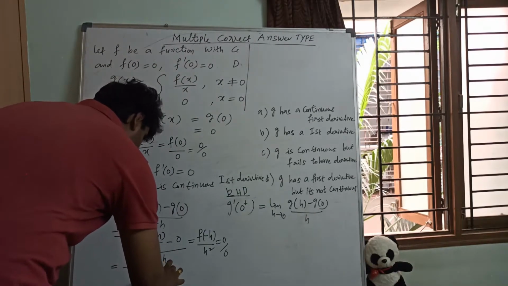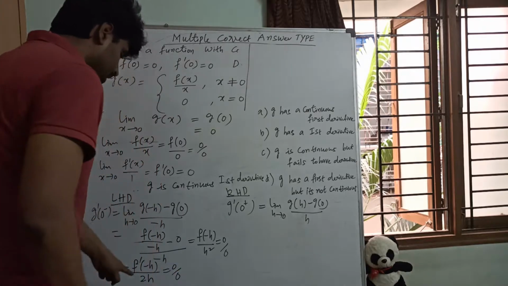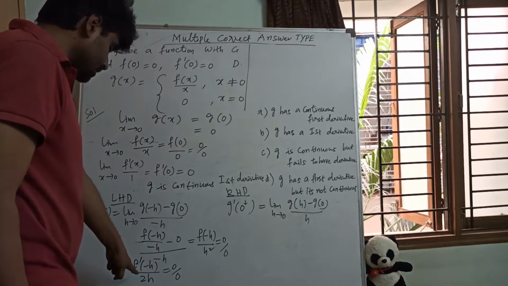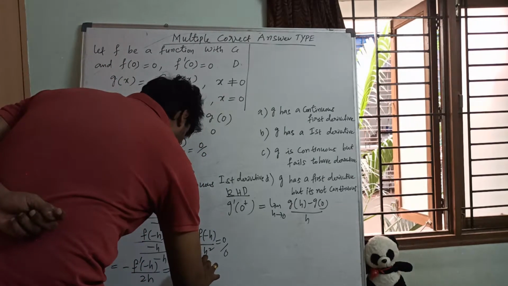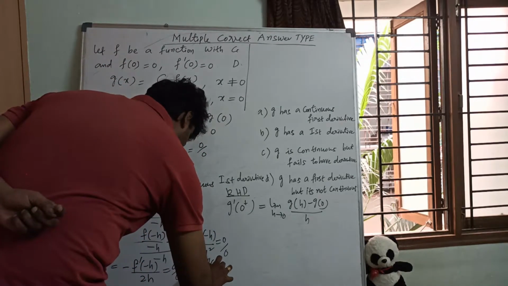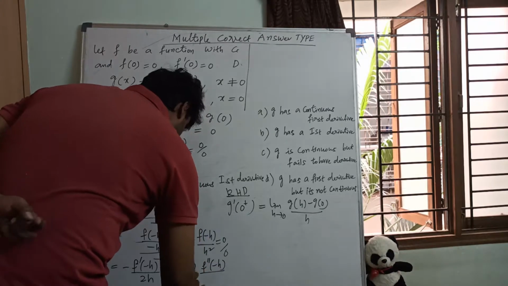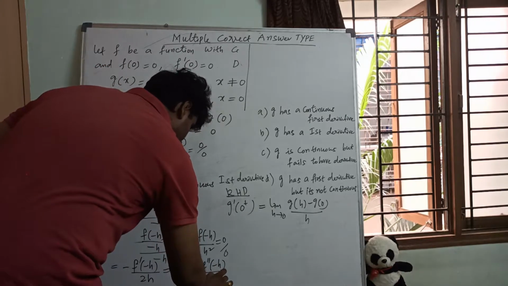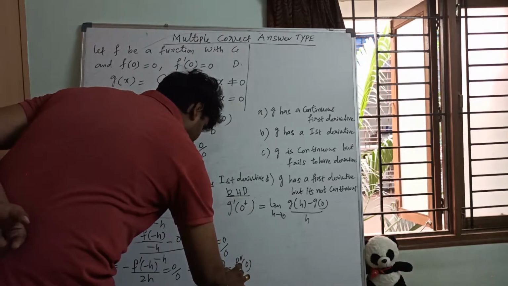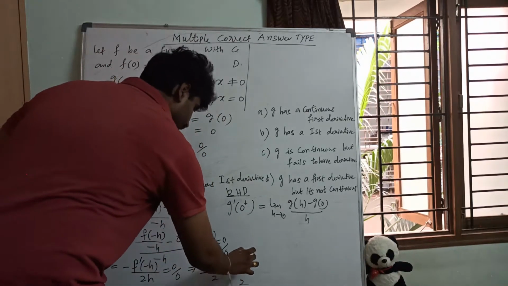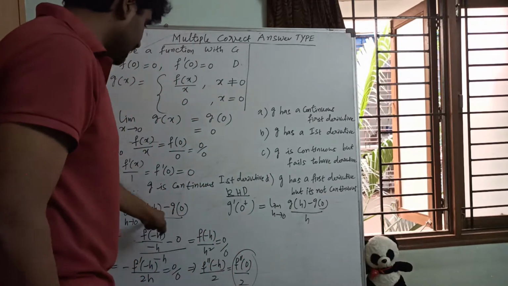Then also we get 0 by 0 form, correct? Again if you differentiate, what will you get? f double dash of minus h by the derivative of 2h, which is 2. Now we can substitute the limit. What do we get? f double dash of 0 by 2. f double dash of 0 by 2 is the LHD.